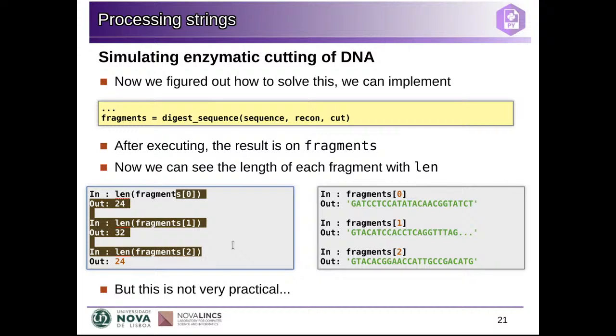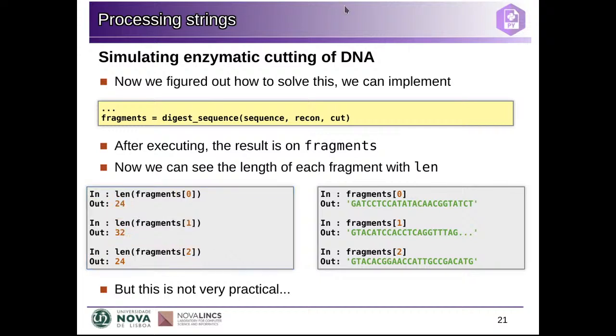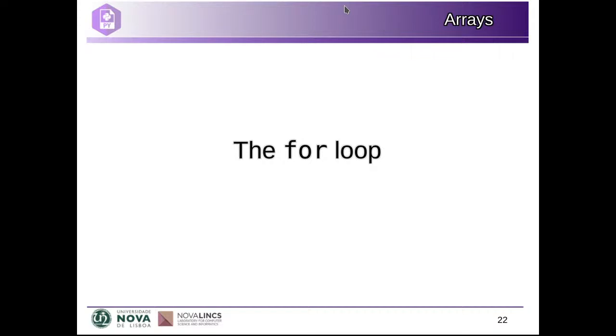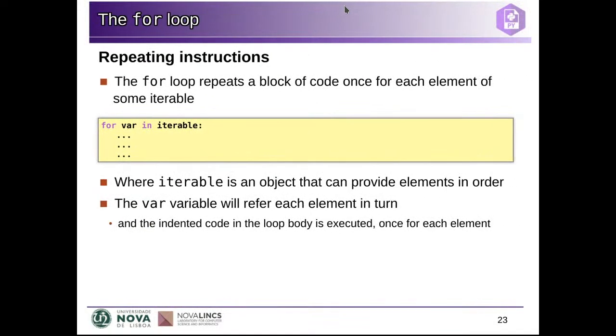So what could be really useful is a way to go through all these fragments one by one and extract whatever data we need. So this is what we can do with the for loop. To build a for loop in Python, you use this syntax here: for some variable in something that can be iterated, something that you can loop through, and then a colon, and here whatever you want to do at each step.